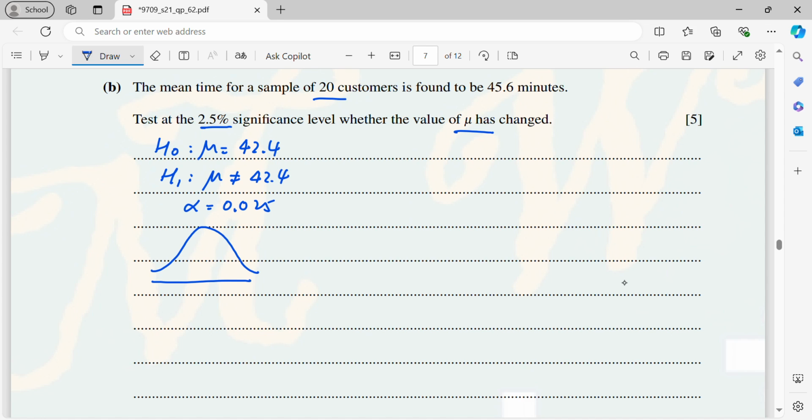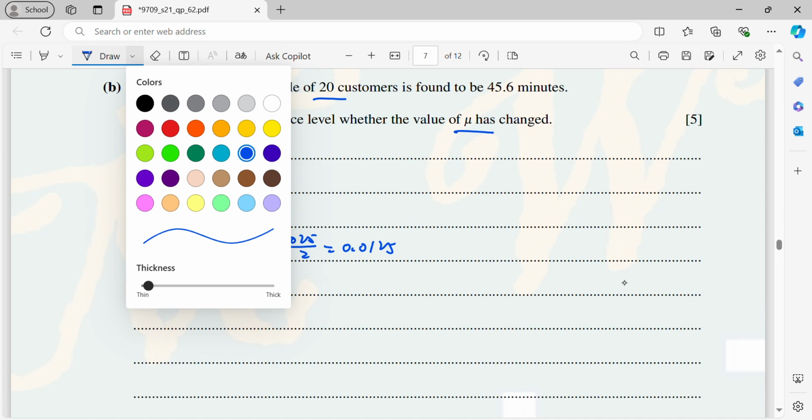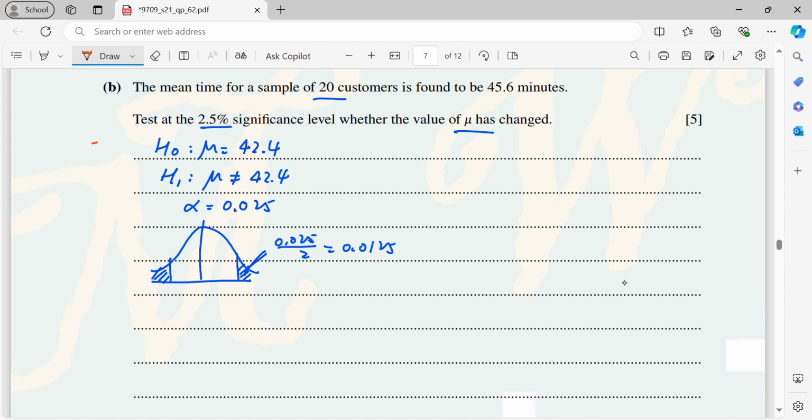Not equals means a two-tailed test. So the total probability for these two parts will be 0.025. Each part will be 0.025 divided by 2, that is 0.0125.